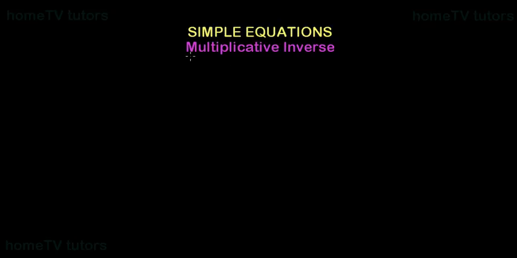Now let's look at the application of the multiplicative inverse. So solve minus 3x equals 27.